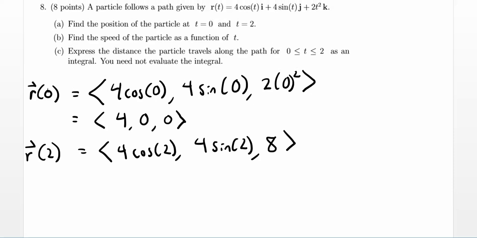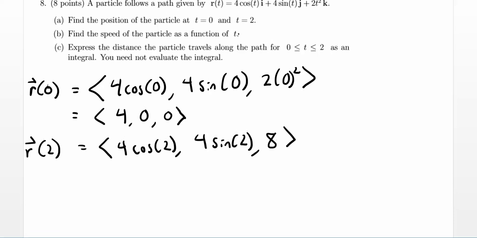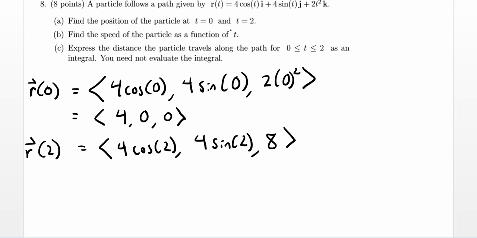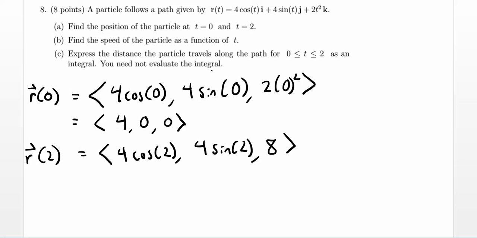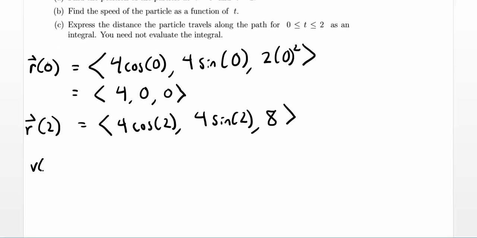Now, that's part A. Part B says, find the speed of the particle as a function of t. So, you can't get the speed without having velocity, and you can't get velocity without having position. So how do you get velocity from position? Well, the velocity is just the derivative of the position with respect to time.